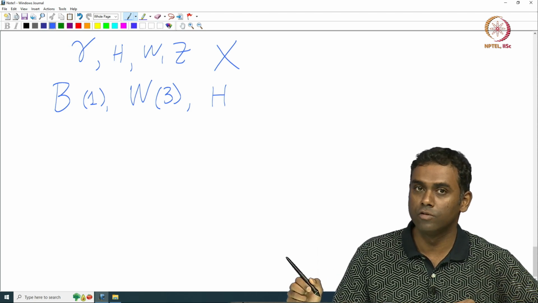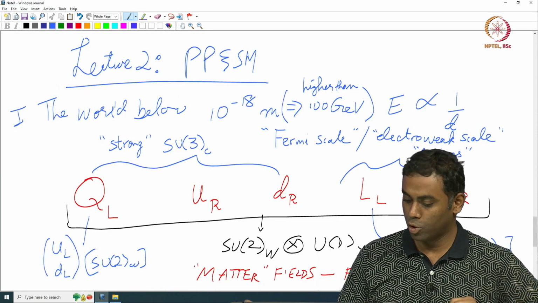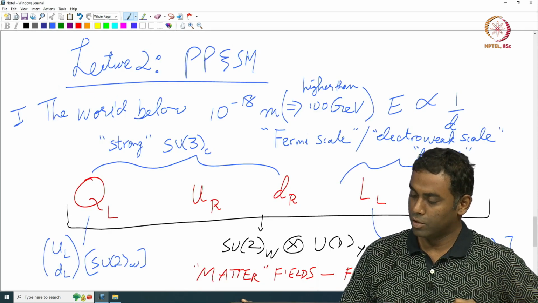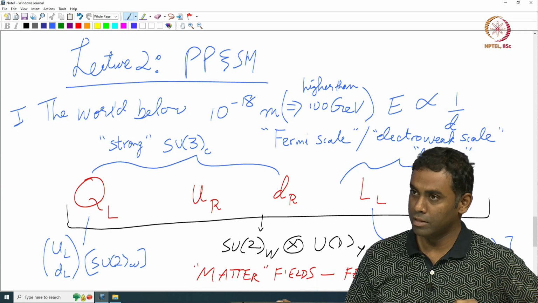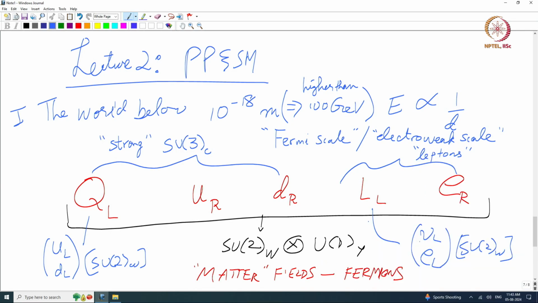What other bosons do we have? Let us go back here. So we have accounted for some of these, right. So there is a gauge boson associated with U, that is the B. There is a gauge boson associated with the SU2, and that is the W. So you have 3 of those. What group are we missing here? SU3.